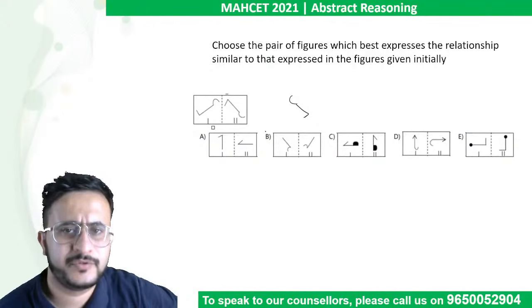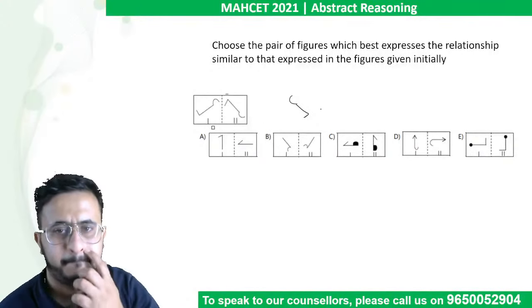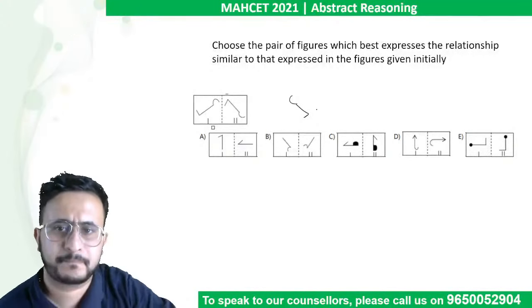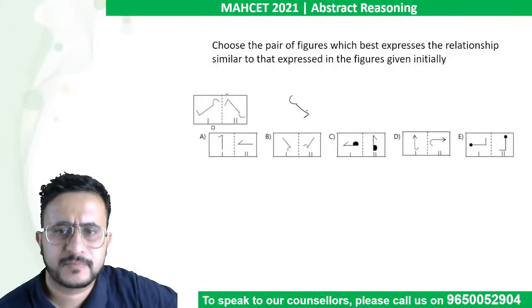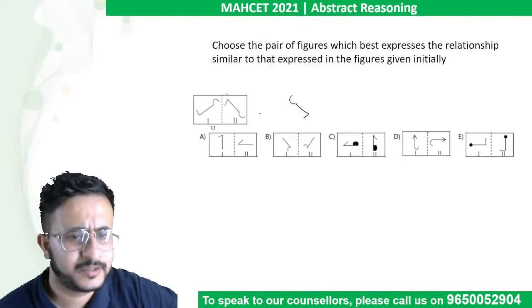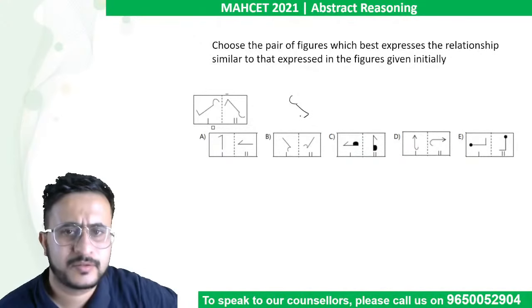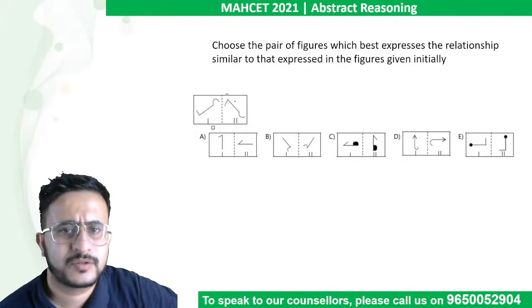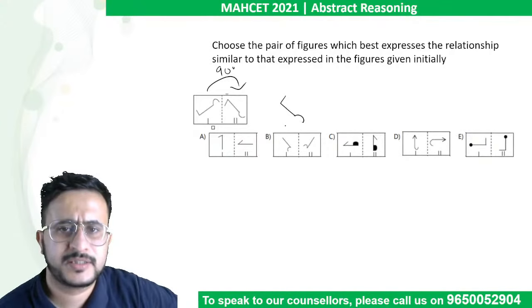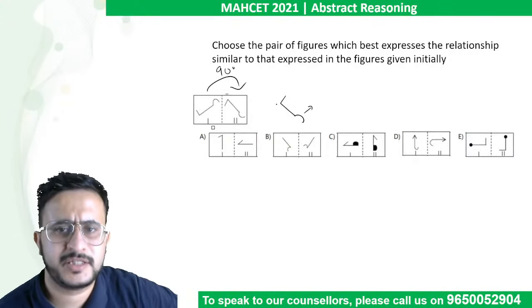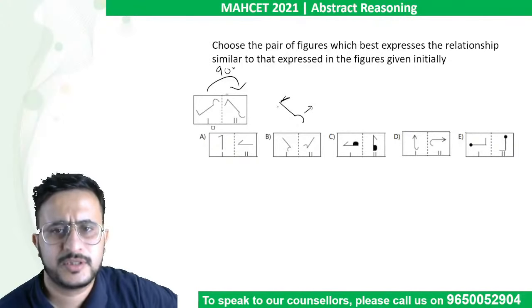If I do anti-clockwise, it will be like this, and then it is just changing, right? So if I rotate by 90 degrees, this should become like this, and then maybe we just change these two positions, right? We just reverse those.